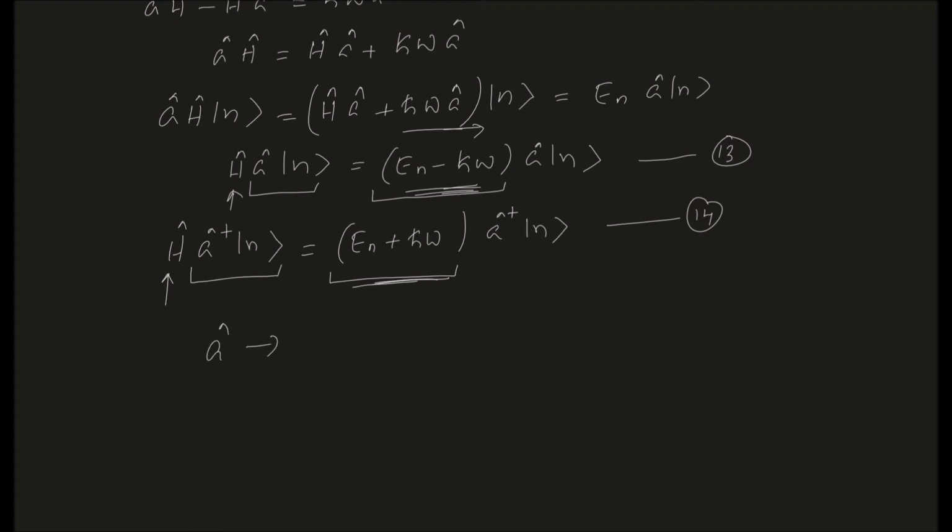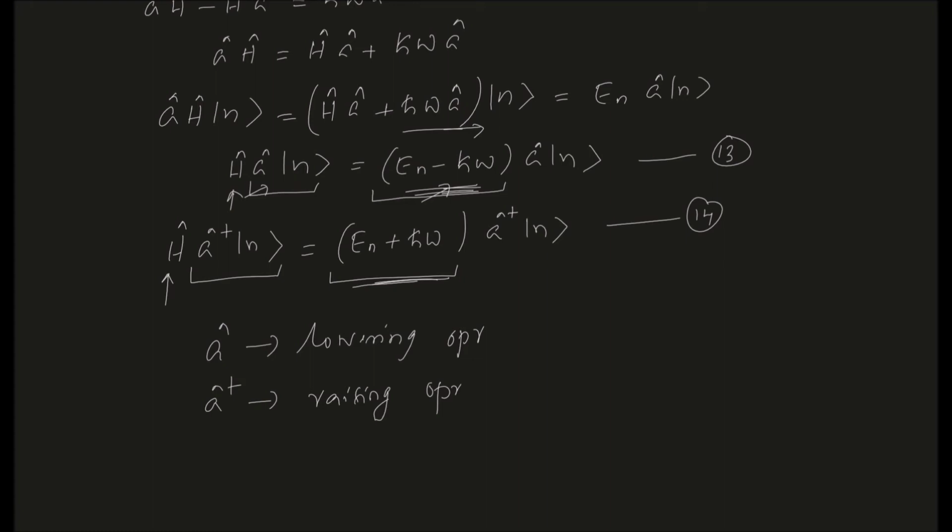So this A is called the lowering operator because you can see that the action of A on |n> is to lower the eigenvalue by 1 unit of h cross omega, and A dagger is called the raising operator, because the action of A dagger on |n> is to raise the eigenvalue by 1 unit.